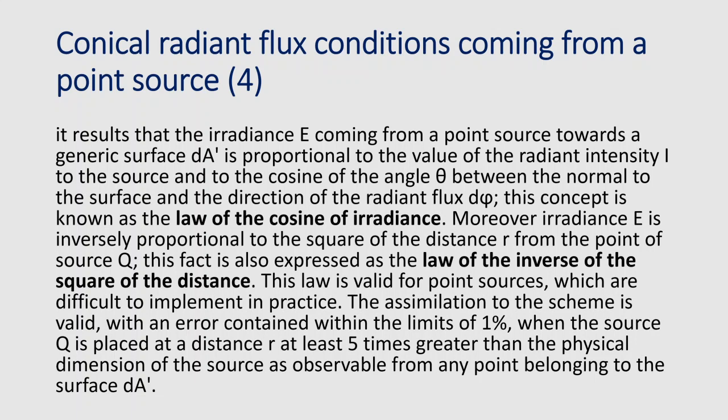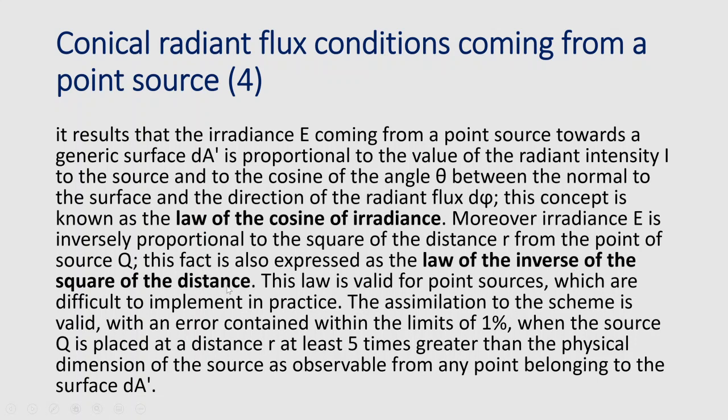So that means that these two things that are in bold, the law of the cosine of irradiance, mean that the irradiance is directly proportional to the cosine of the angle, while if we are considering the distance between the surface that is reflecting energy and the sensor that is, in our case, for example, acquiring this energy, the quantity of this energy is inversely proportional to the square of the distance.